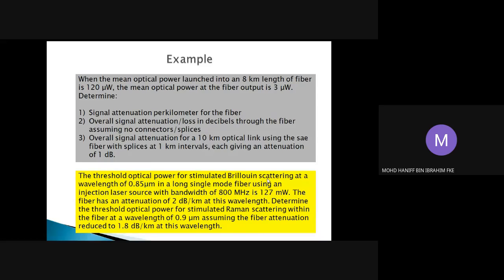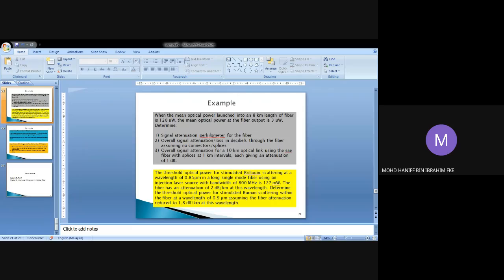Basically, to answer this question, you have to go back to the application of the threshold power equations that I provided in the lecture slides before, the PB and PR, if you can recall. Let's have a look at the solution for this example.